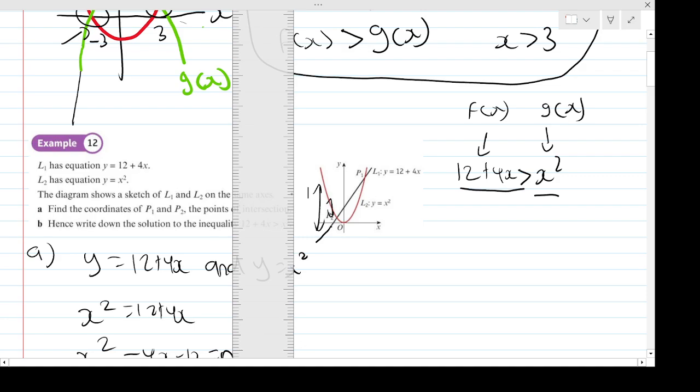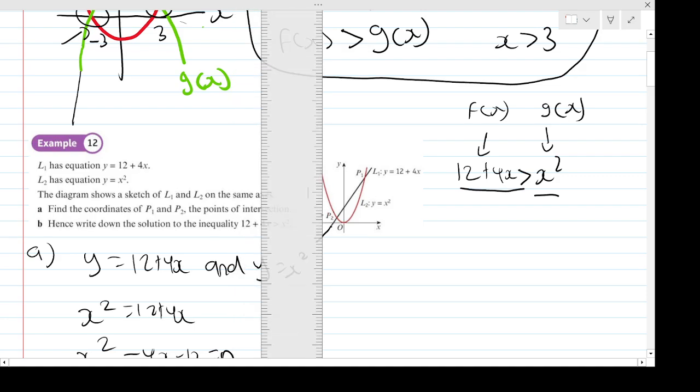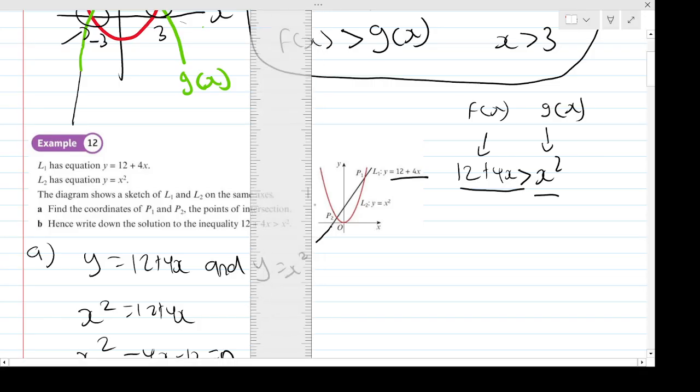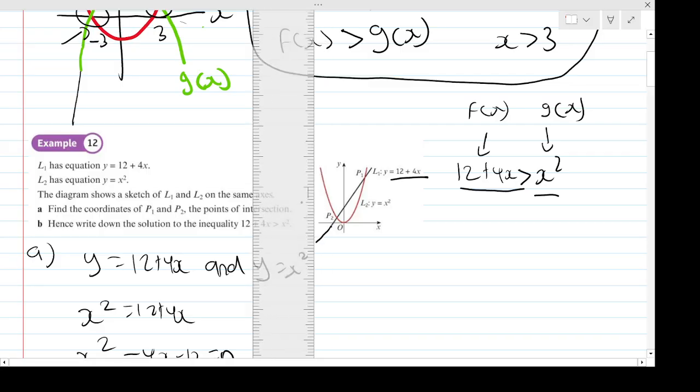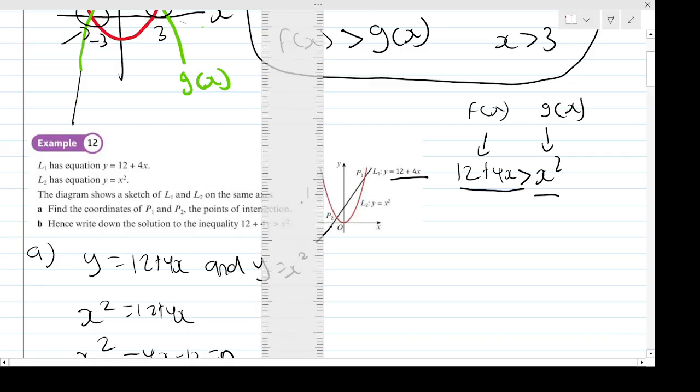So that means 12 plus 4x, the line L1, would be below x squared. So that would not be greater than. So before P2, the line is less than x squared.